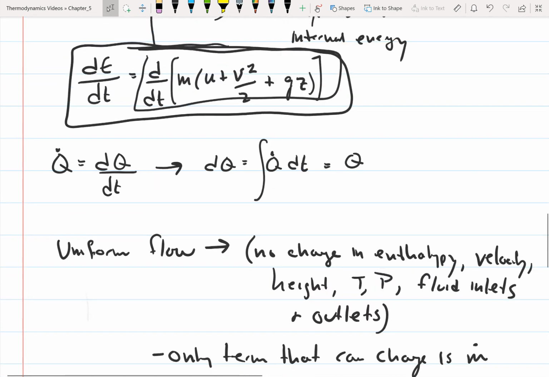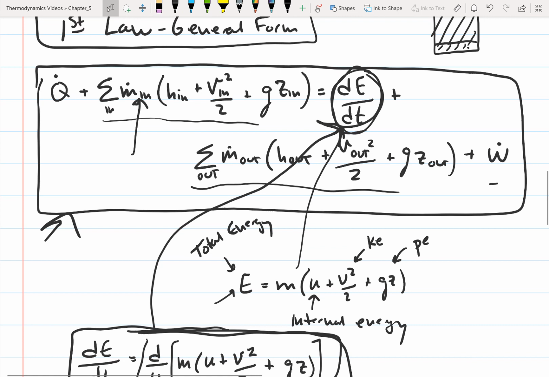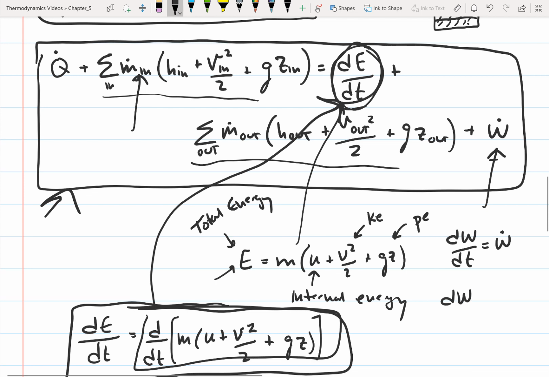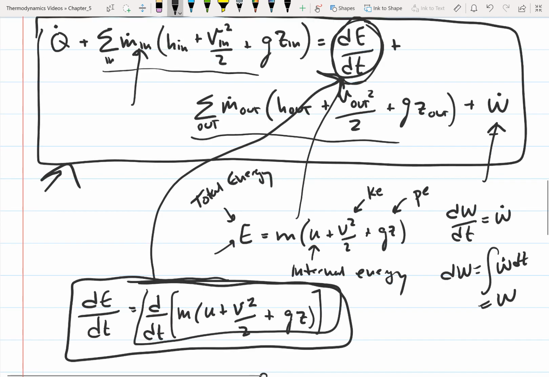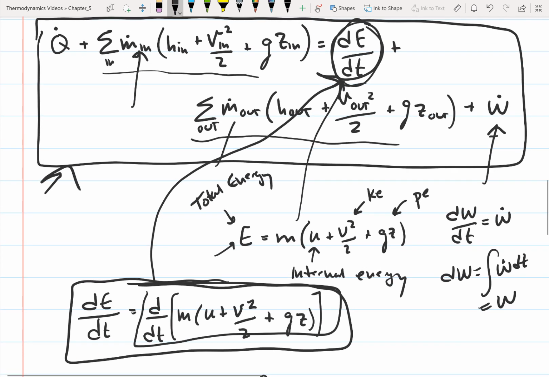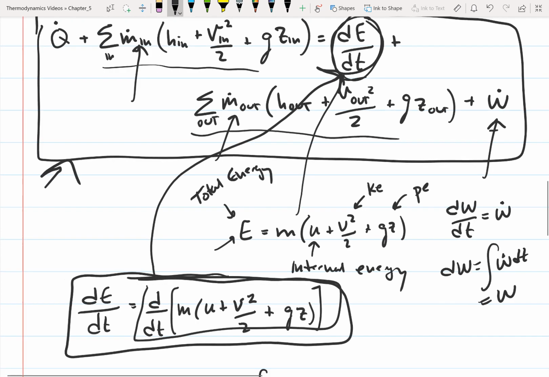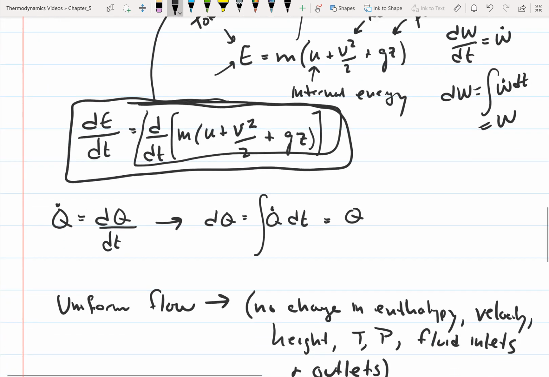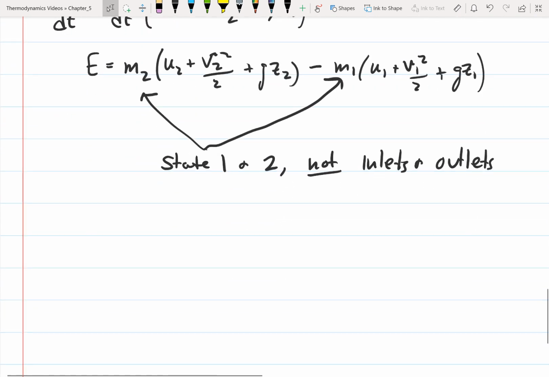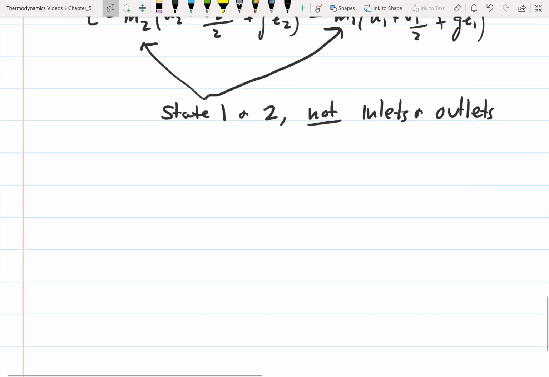I didn't do the work term; if we go back up to this equation, the work is going to be like Q. So dW/dt is equal to the work, and if we integrate this, dW is equal to the work dt, so this is just equal to W. And the m dot out term is going to be the same as the in term with different subscripts. So now we can write this equation.